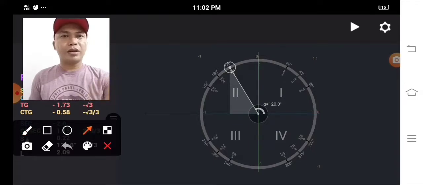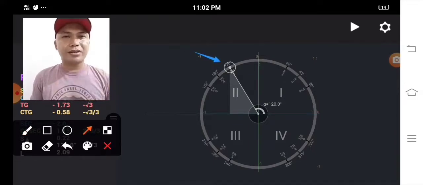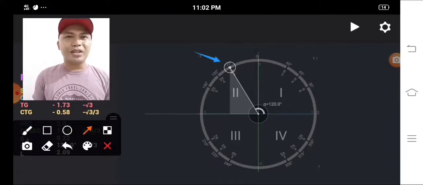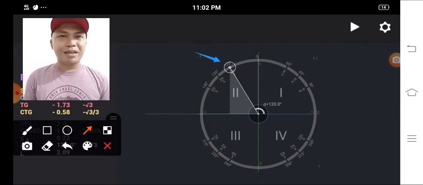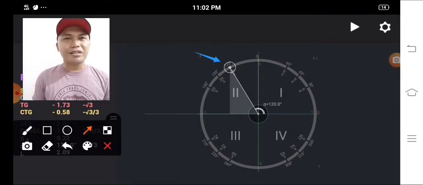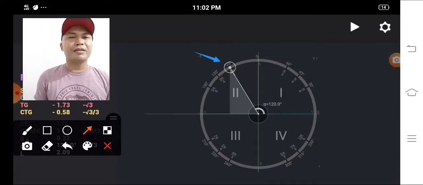So this is where the terminal side is located. You can now identify your least positive coterminal angle and the greatest negative coterminal angle.